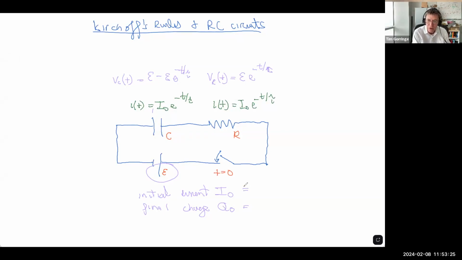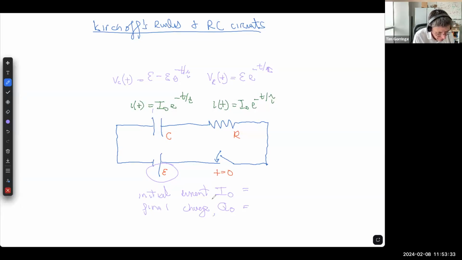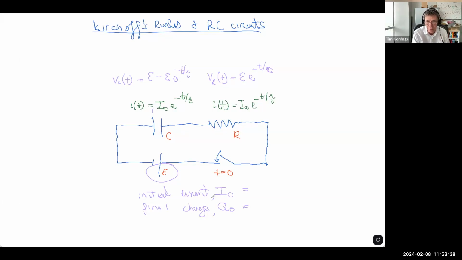And we can write the initial current in the circuit and the final charge on the capacitor in terms of the components of the circuit: the capacitor's capacitance, the resistor's resistance, and the battery's EMF. So let me just end up by writing that down.